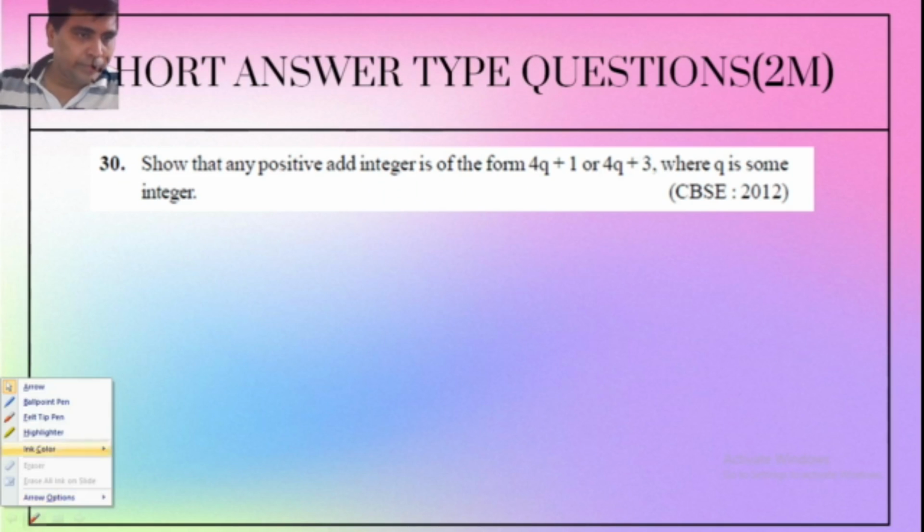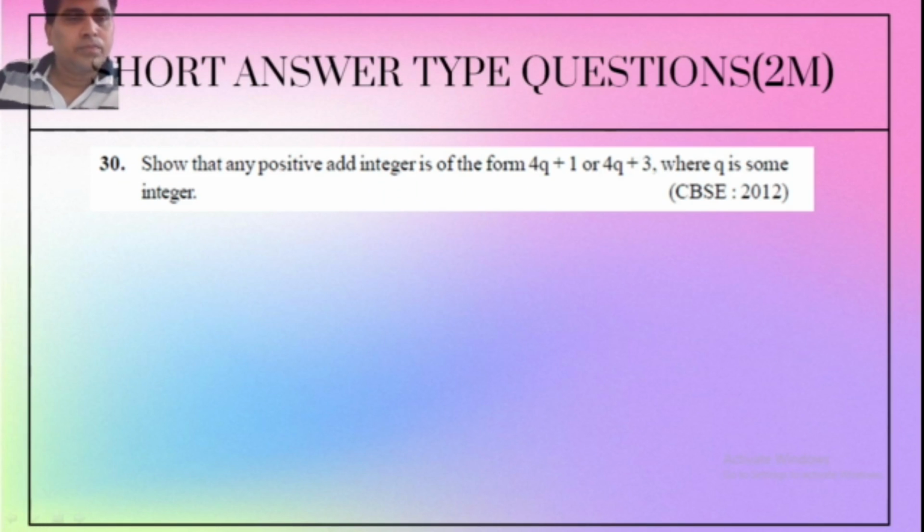Question number 30. Show that any positive odd integer is of the form 4q plus 1 or 4q plus 3, where q is some integer. So how to solve this question? This question we have to solve by Euclid division lemma.